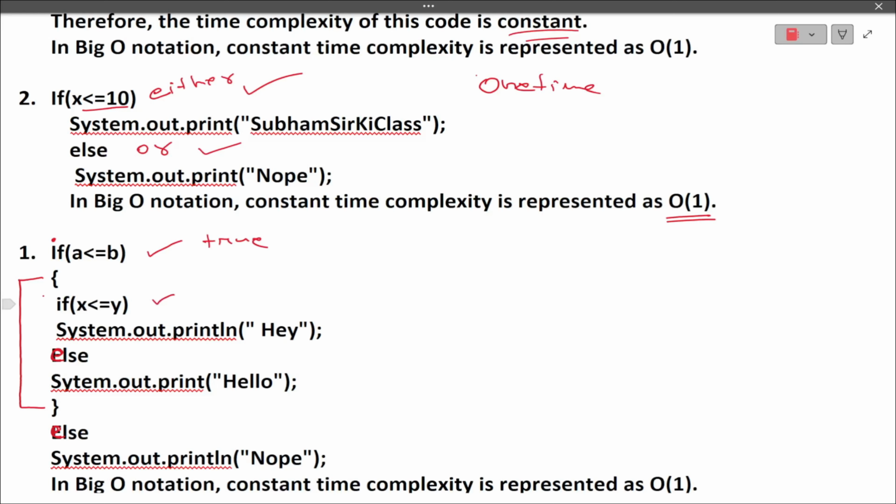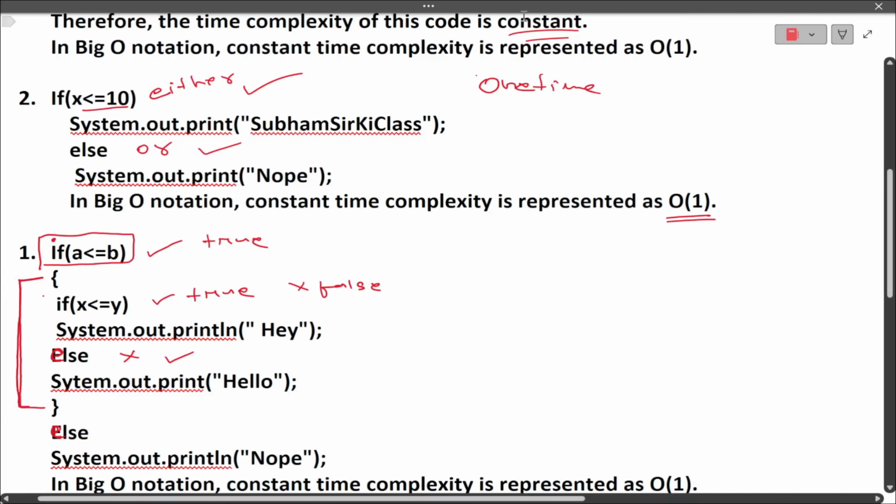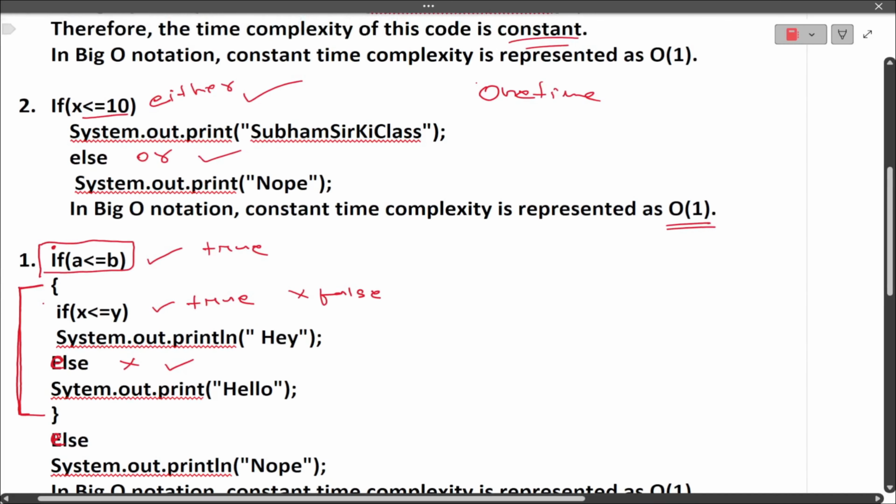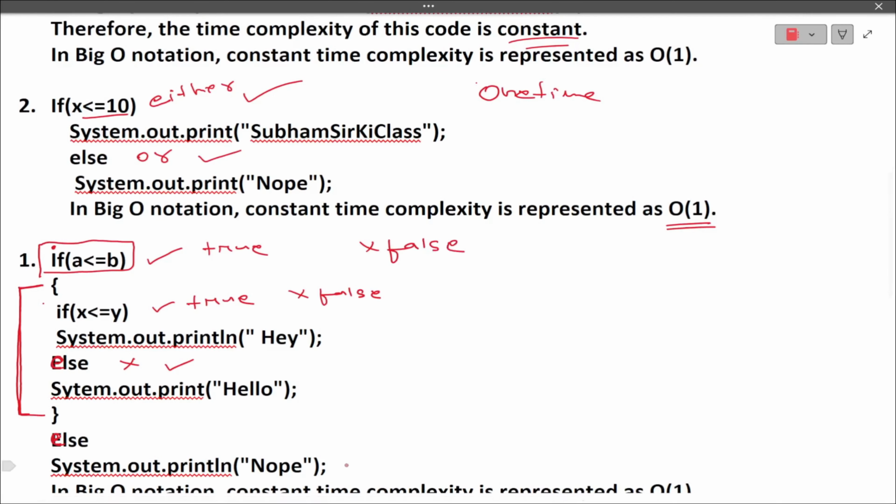That means if my if is true, then this else will not work, and if my if is false, then else will work. At first, if my outer if condition is true, then any one of these two conditions retained inside this parenthesis will work. And if my if is false, then what will happen? My else will execute. This is the construction of the program.